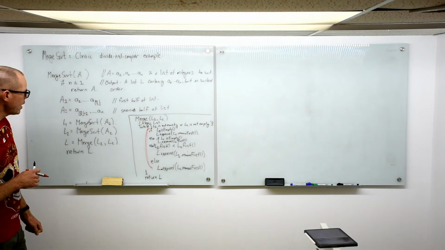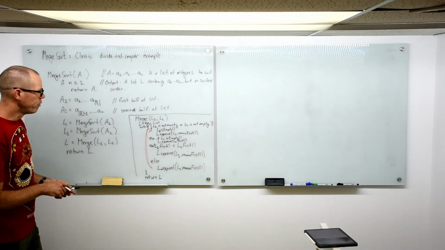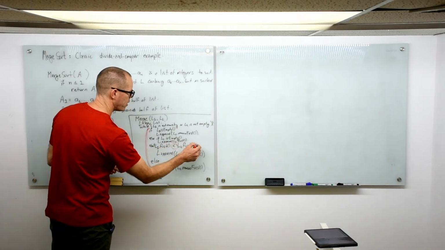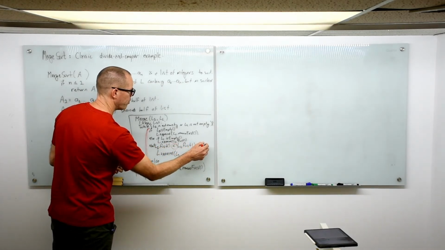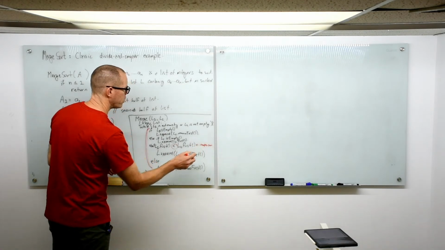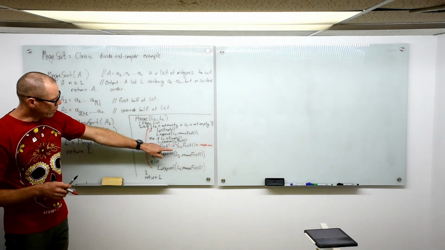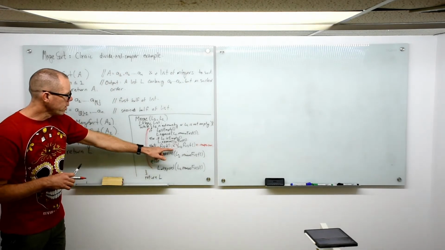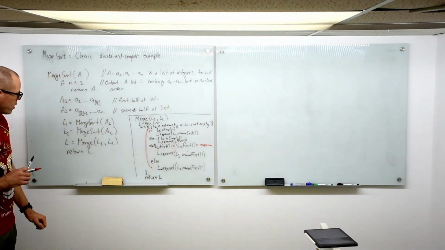In particular, the thing many people focus on is how many times this comparison executes. When people study sorting algorithms, they're often really focused on the number of comparisons performed. So that's the thing that we're going to focus on.